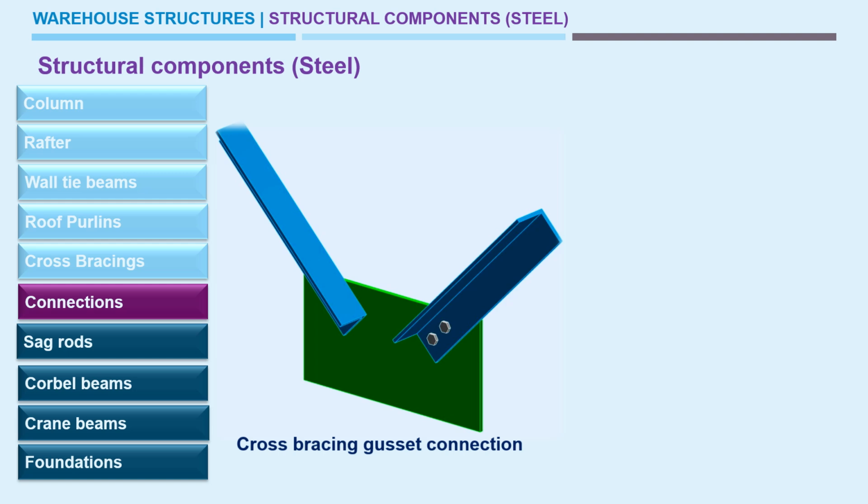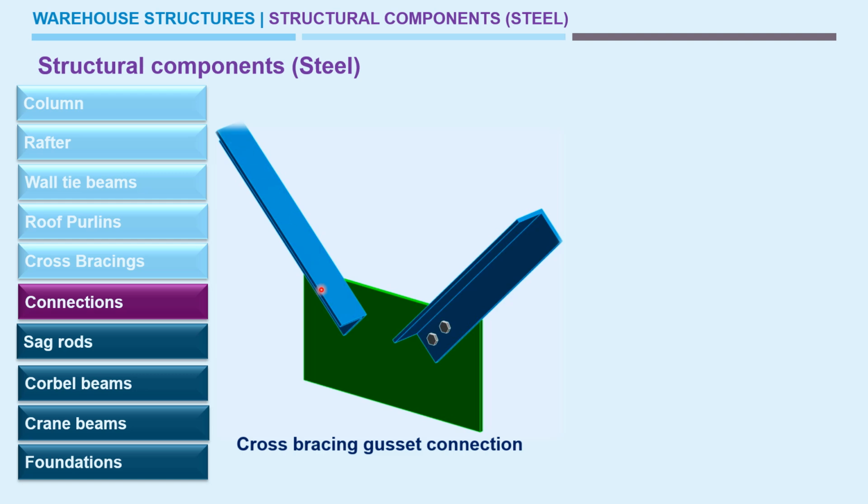Also, sometimes if there are more members to be connected to the main member, then the gusset plate is needed. So it depends upon the members to be connected, and also the number of bolts required to connect them. Depending upon that, the gusset connections can be decided.